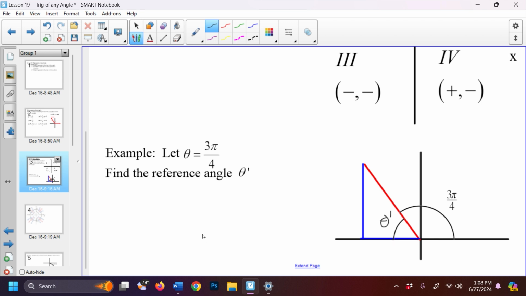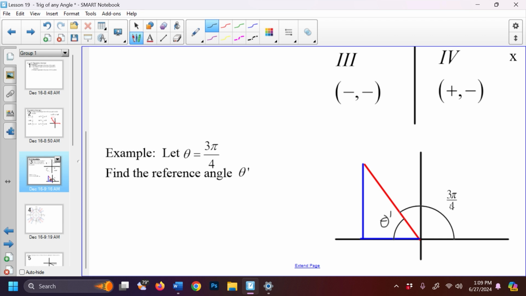Now, depending on where theta lies, for every quadrant that theta could be in, this is going to be a little bit different. But if you think about it, I have 3 pi over 4. If I go all the way to here, in this case, an angle in the second quadrant, from the starting point here all the way around half a circle, that is 1 pi radians.